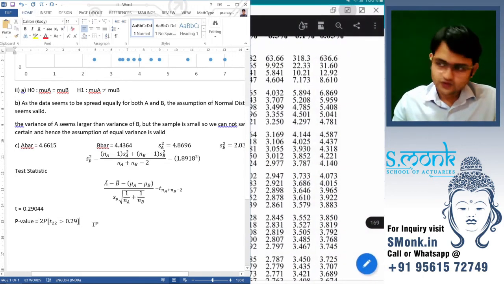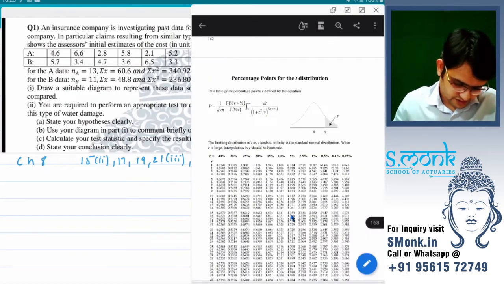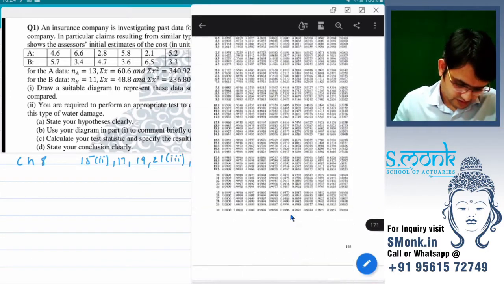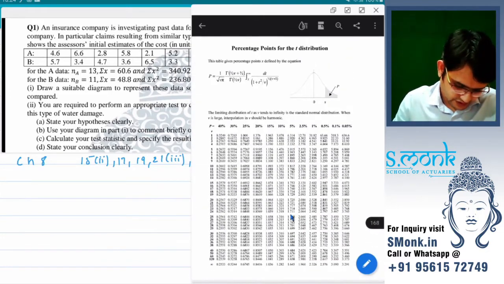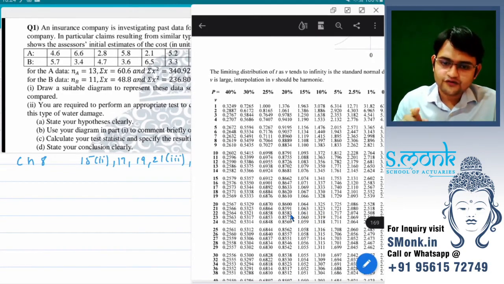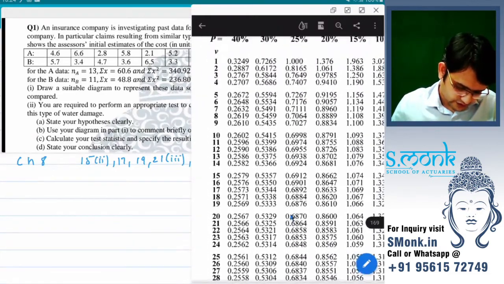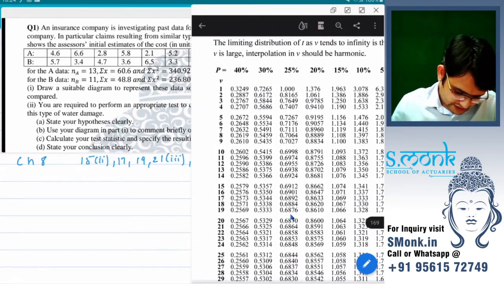We will go to our T distribution tables. We were at T distribution tables. So now we will look for where we would get 0.29 for 22 as our degree of freedom. So 22 degree of freedom, we can see we have 0.25, then we have 0.53, it is increasing.